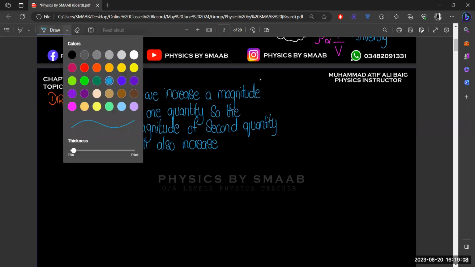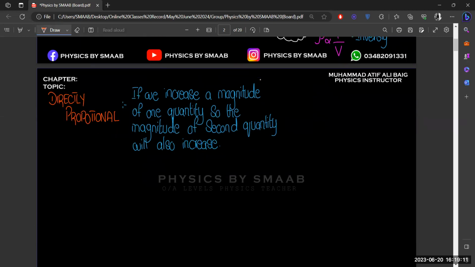And if we consider another term, inversely proportional, these terms are very common. Whenever we talk about any scientific formula, we need to know these concepts because they will help you identify how quantities interlink with each other.